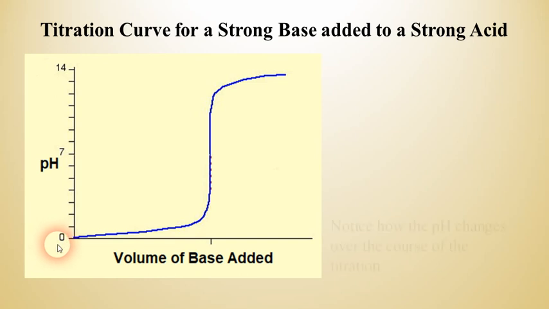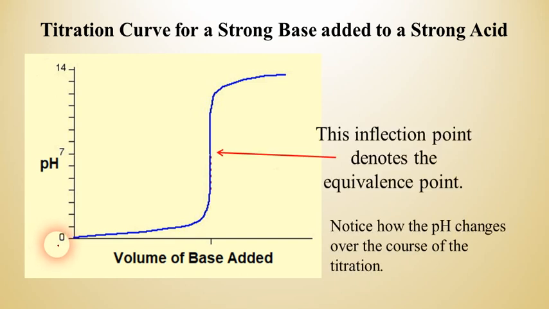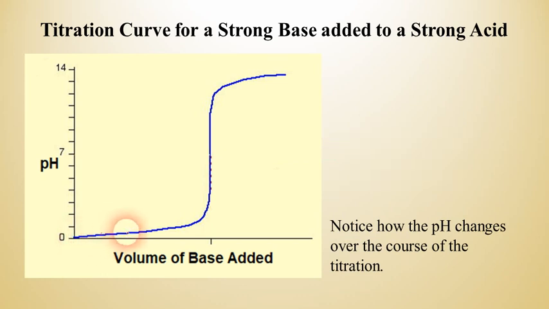Now, it's interesting that when we look and see how the pH changes over the course of the titration, we start out very low. Now, this is a slightly different titration than the one that we did, but it starts low, not quite 0, but it's still pretty low. And we keep adding the base, and we notice that the pH doesn't really go up very much.